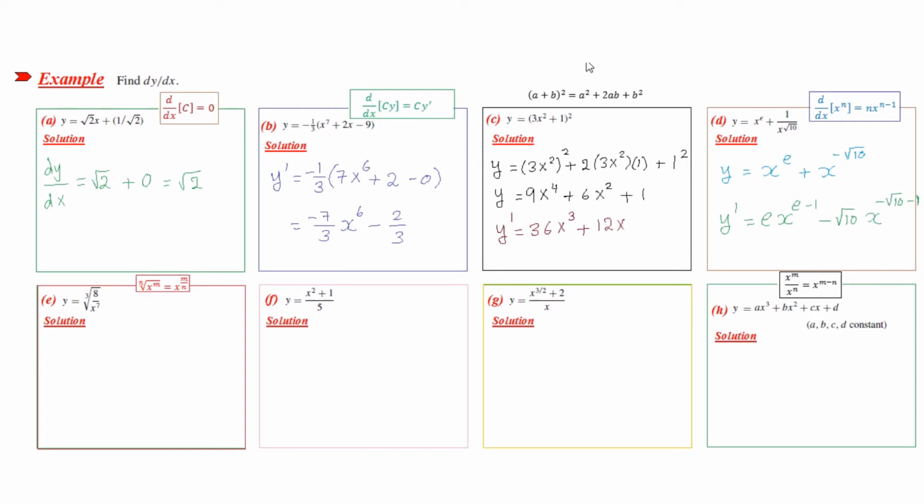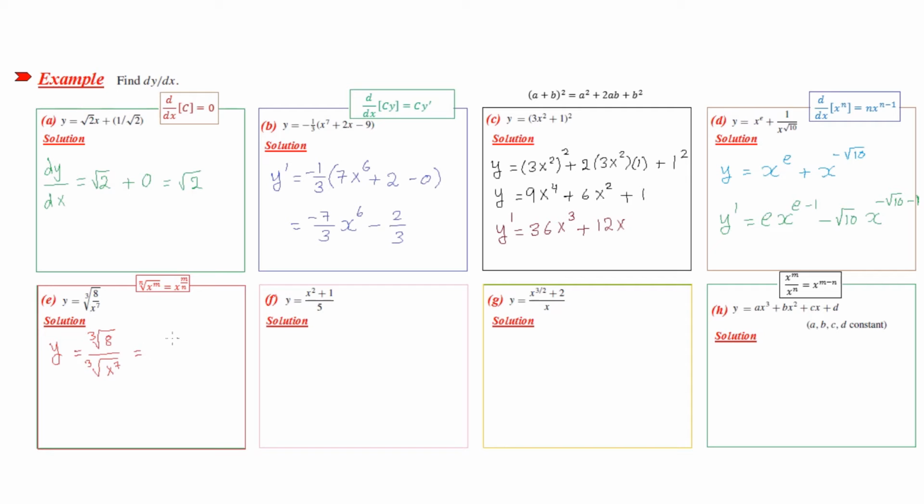And in part E, you also have to simplify the radical you have here. We have a cube root. You have to write it as a number multiplied by x to the power of something. So you have to modify the function firstly. So we can simplify this function as y equals cube root of 8, distributing the cube root up and down, over cube root of x to the power 7.